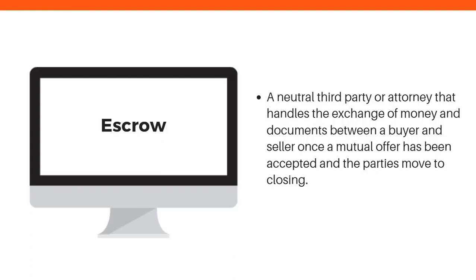So the escrow account kind of just holds those funds. It's like a neutral third-party account that neither the buyer or the seller actually owns or controls. It's actually usually the closing company that controls the account, or the attorney that's controlling the account. And it also includes all the documents and stuff that go between the buyer and seller. So it's a way of having a third party kind of handle the closing. That way they can make sure everything is done fairly and no side is getting ripped off in the deal.